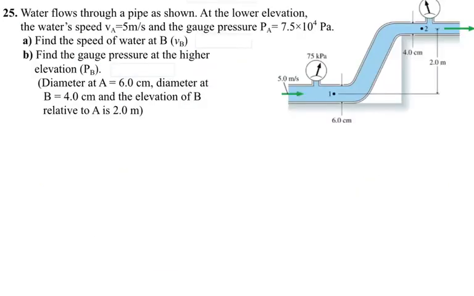In this question they say that water flows through a pipe as shown. At the lower elevation, the water speed is 5 meters per second and the gauge pressure is 7.5 times 10 to the 4th pascals.